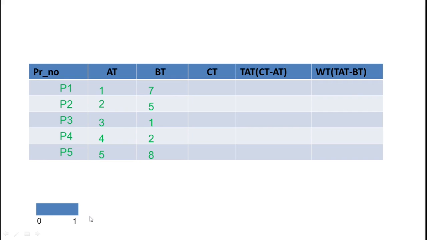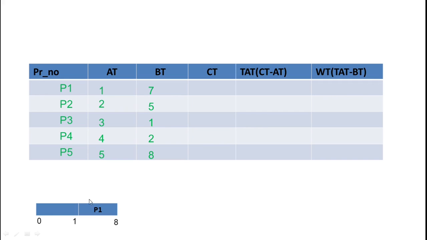P2, P3 and P4 have a smaller burst time compared to P1, but right now at arrival time 1, only process P1 has arrived. So we have to start executing P1 only. There is no need to compare the burst time of P1 with any other process. So let's start executing process P1.